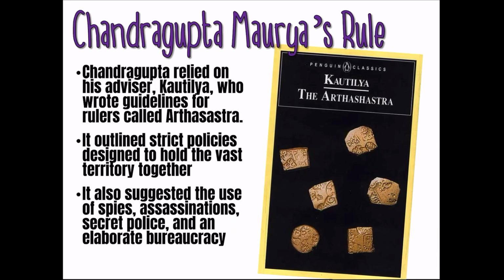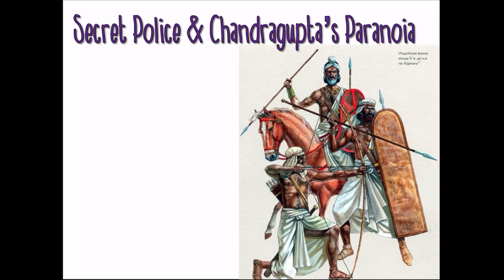He urged leaders to inflict severe punishments for all kinds of crimes. At the same time, Kautilya also said that kings should protect their subjects and they should look out for the people's welfare. But when it comes to how that was done, keeping power was the number one thing that rulers had to kind of rely on. They had to keep their power, no matter what.